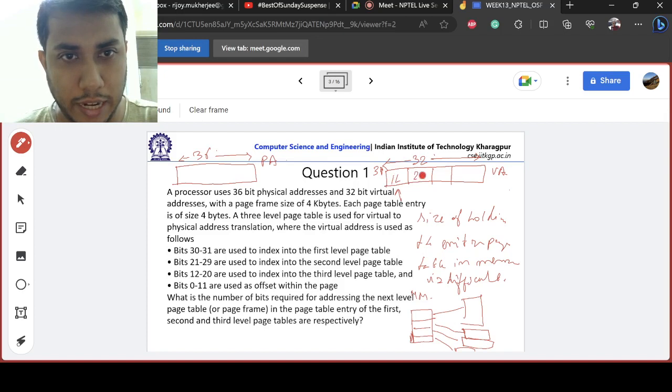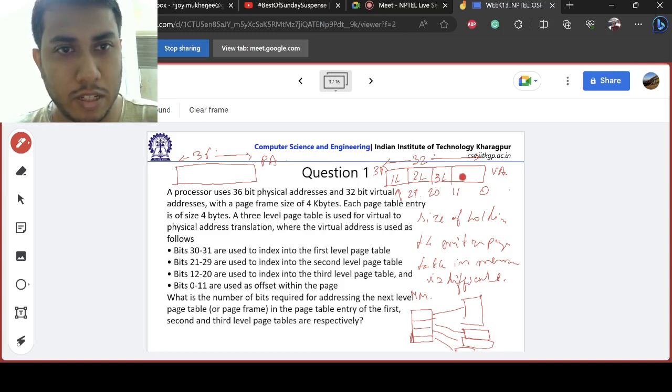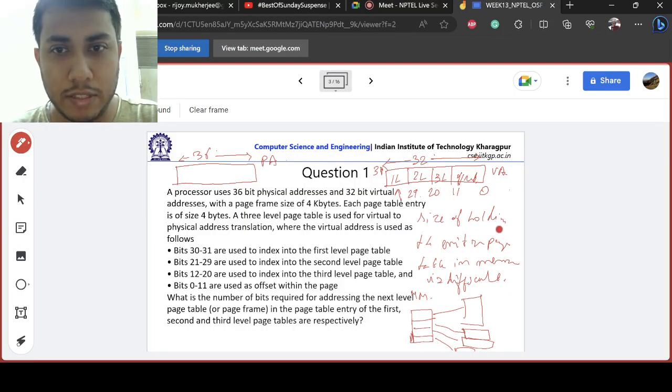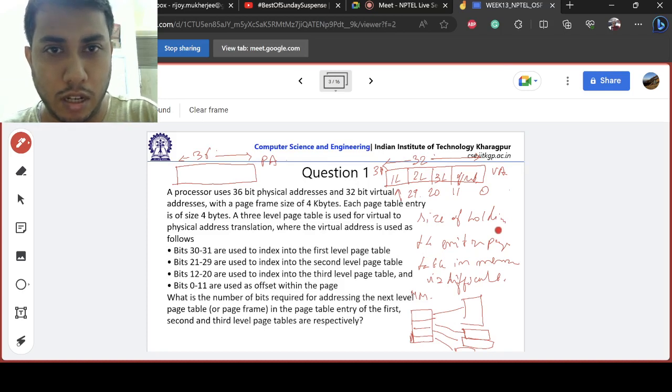This represents your second level, that is 21 to 29. This represents your third level, 12 to 20, and this represents your offset, 0 to 11. So in this way you can divide your entire virtual address. That is what it says. Now note one thing.